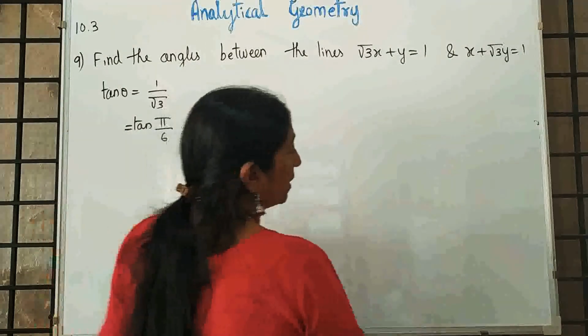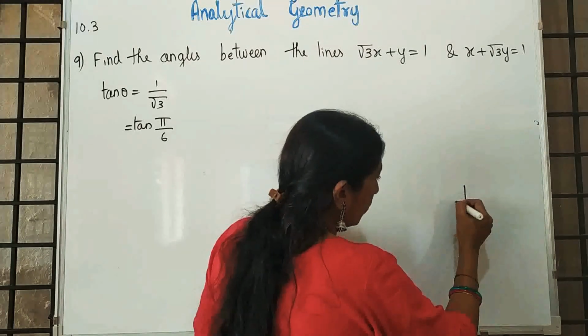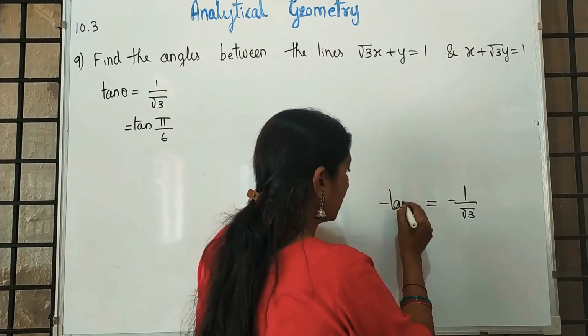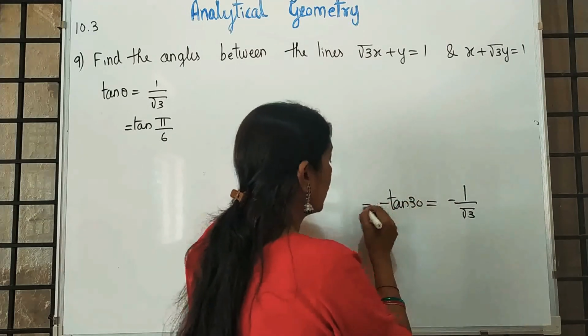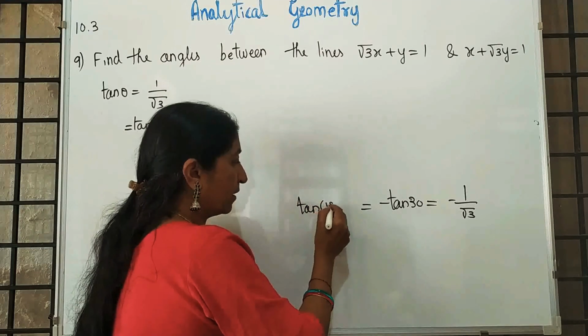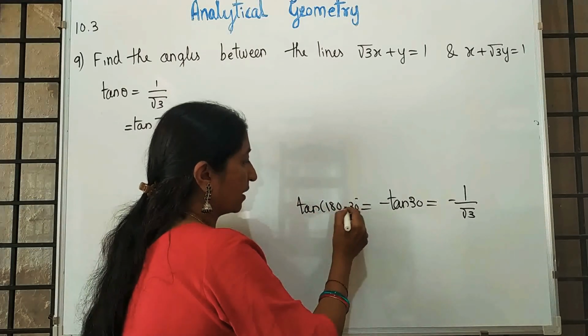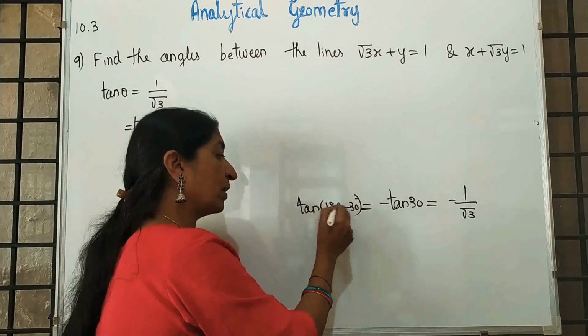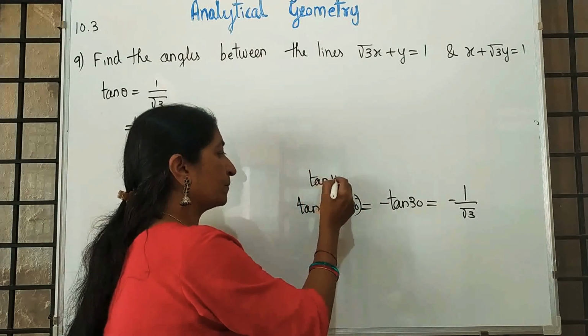So how to write the negative value? It is minus 1 by root 3. We require minus tan 30 degree. How will we rearrange minus tan 30 degree? It is 180 minus 30. Correct? Tan of 180 minus 30 is minus tan 30, and 180 minus 30 is 150.